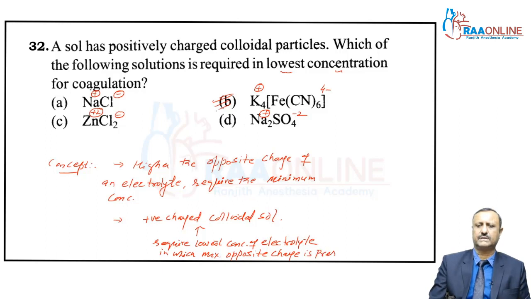The lowest concentration of electrolyte is required where the maximum opposite charge is present. So, you can go with answer B. According to this type of question you can solve new types of questions, because I am giving you concept, theory and tricks.